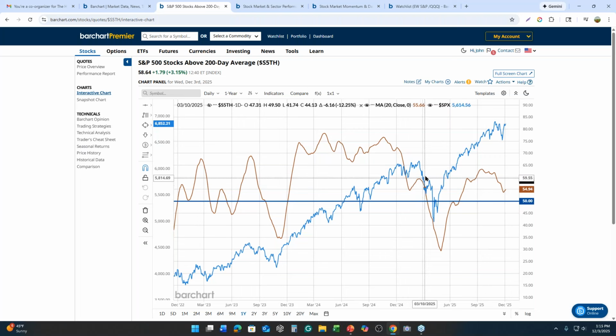But certainly we can see as our breadth indicator fell below 50, that would have been a good sign for us to do some type of profit taking, and a confirmation that our uptrend at that point was now over.